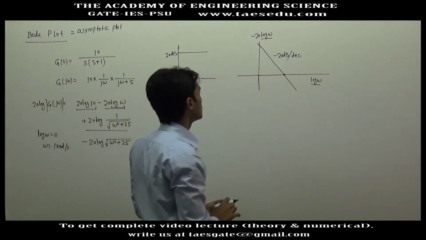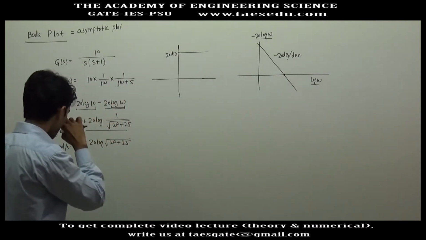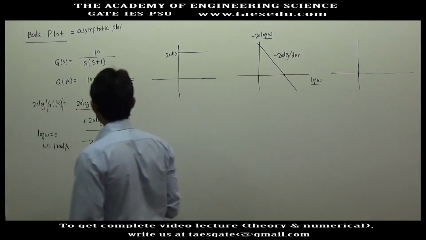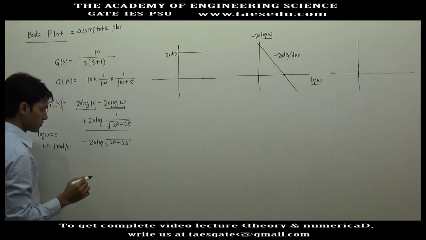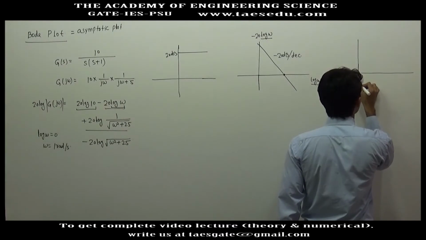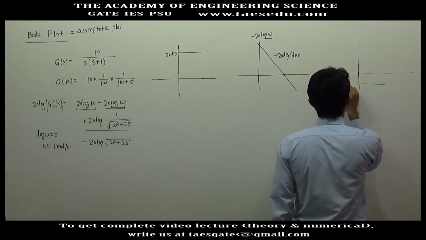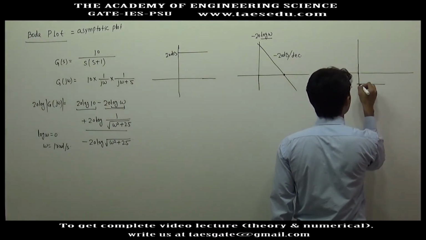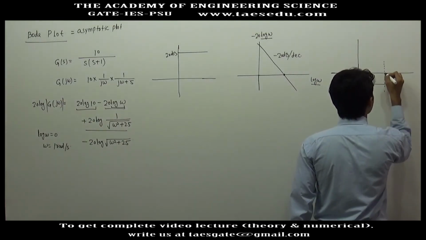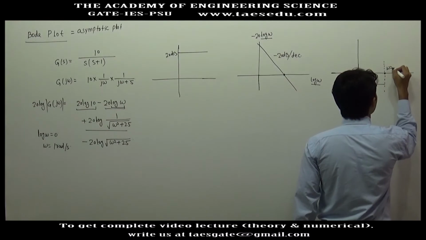So here also we don't need any approximation. The third graph is initially at minus 14 dB, as we calculated before, and after omega equal to 5, let's say we have omega equal to 5 here.